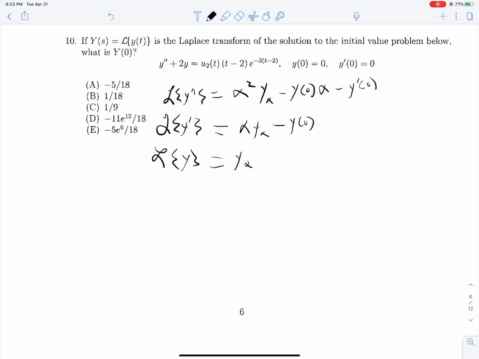All of these initial conditions will go to 0 because both of those are 0, so we get alpha squared Y alpha plus 2Y alpha. And what do we have over here? Well, we have u2 of t, and then some function of t where all of the t's are replaced with t minus 2's.